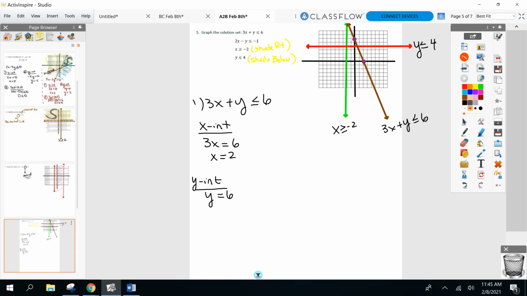And now let's figure out how we got to shade it. Where are we going to shade? Above or below? Test 0, 0 because the line does not go through. 3 times 0 plus 0. Is that less than or equal to 6?